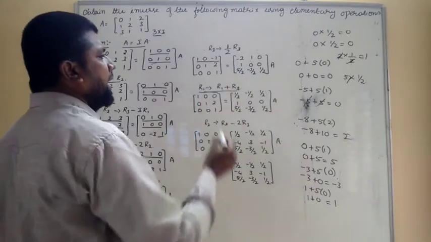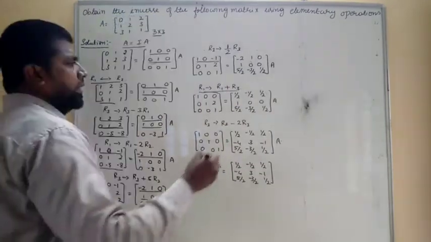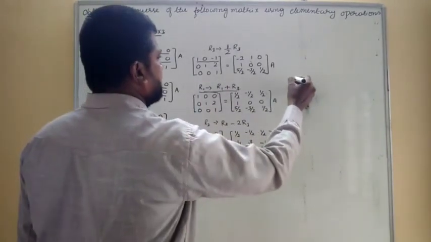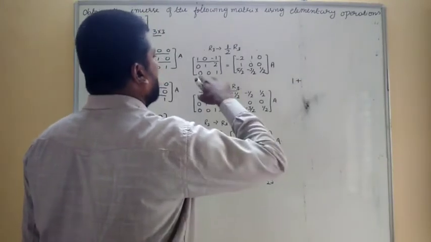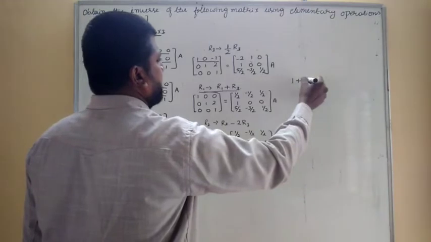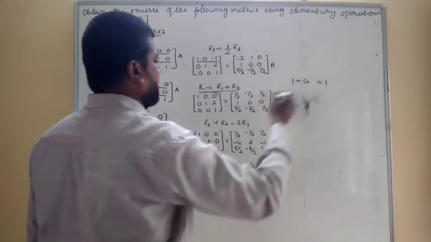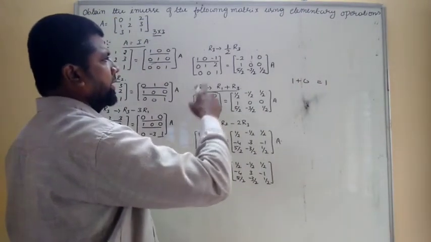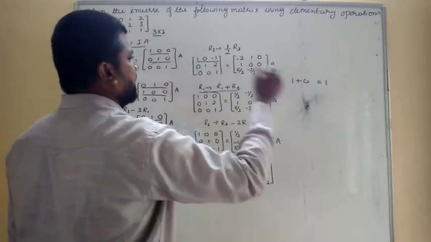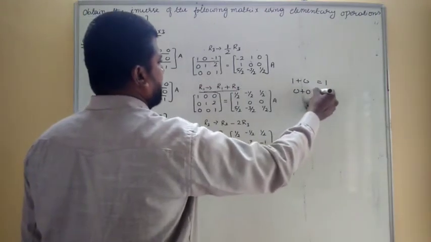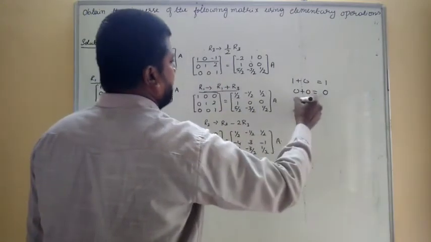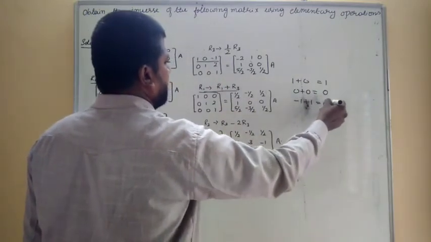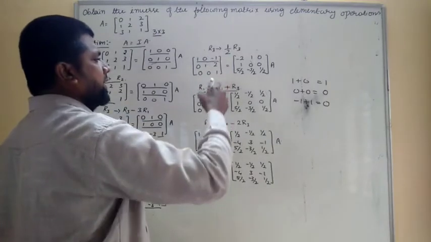If you add, R1's first element is 1 plus R3's element 0, so you are getting 1. Then 0 plus 0 is 0. Then minus 1 plus 1 is 0.